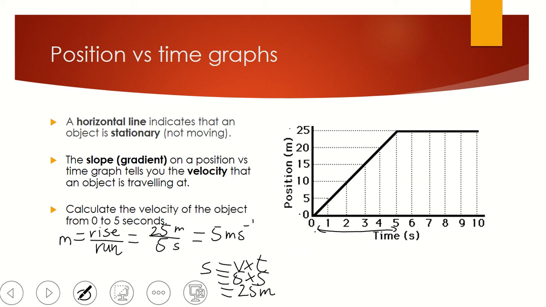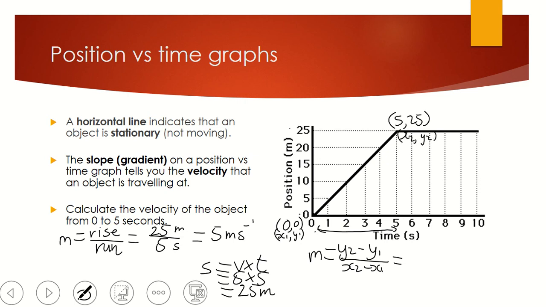Now the other way to calculate gradient is using the following equation. m equals y2 take y1 over x2 take x1. The way I'd like you to do this is to pick two coordinate points. This coordinate point here is 0, 0, and this coordinate point here is the point 5, 25. Now I want you to label your coordinates x1, y1 and x2, y2.